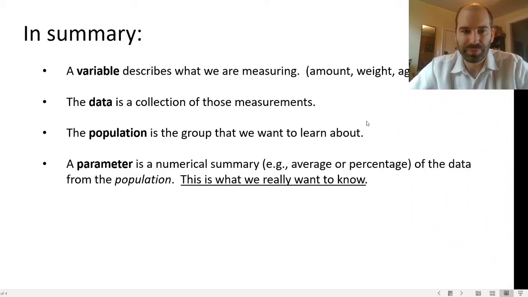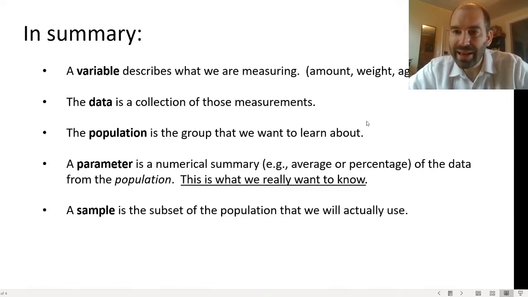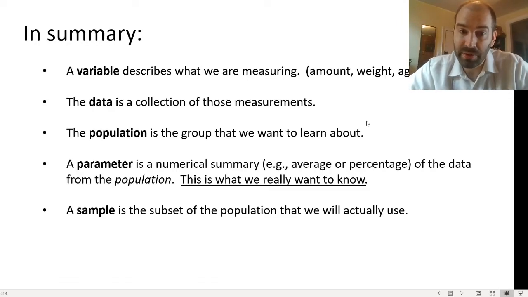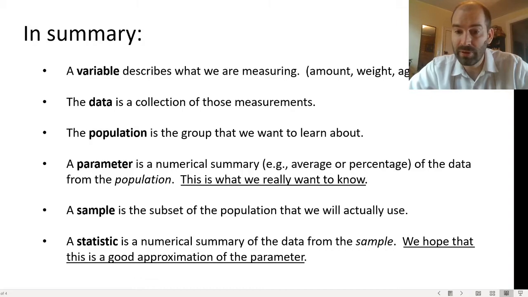And so what we do instead is we take a sample. That's a subset of the population, and that's what we'll use instead. So we'll do the same thing that we were going to do to find the parameter, but we're going to do it to the sample. We'll record the values of our variable on the sample to get sample data.